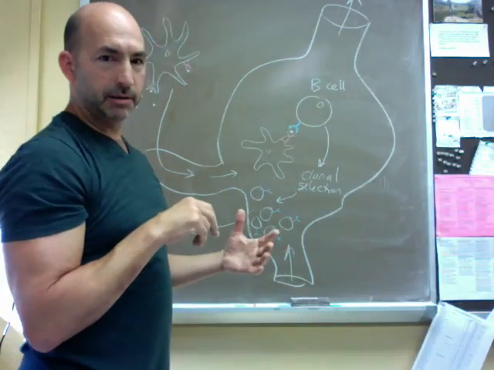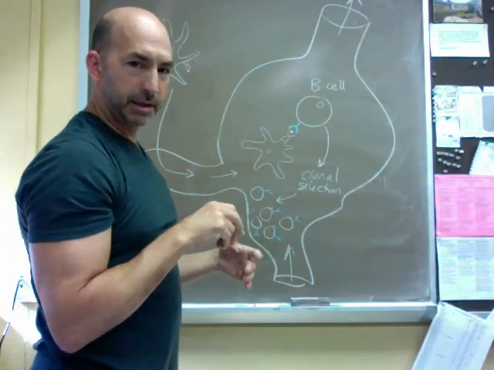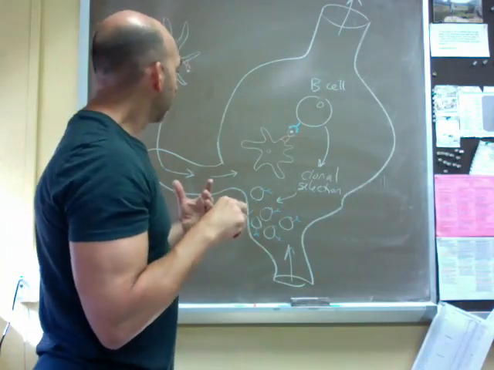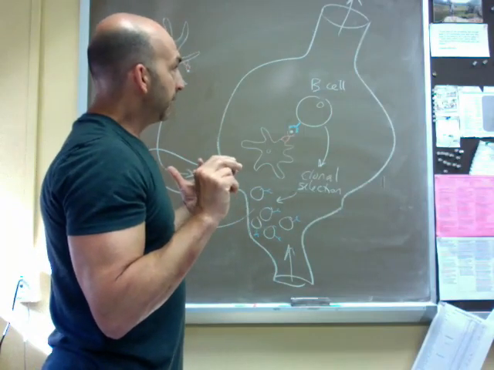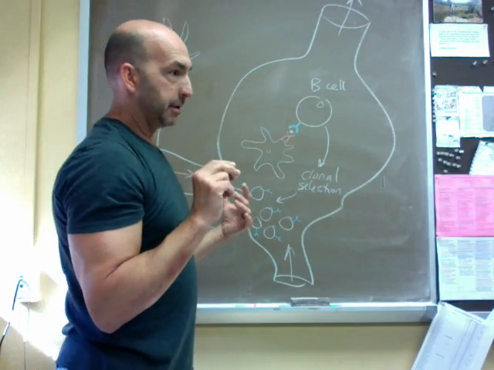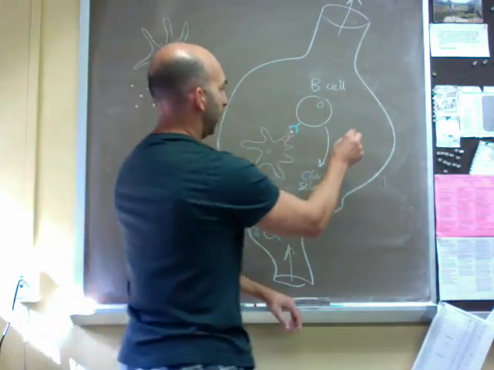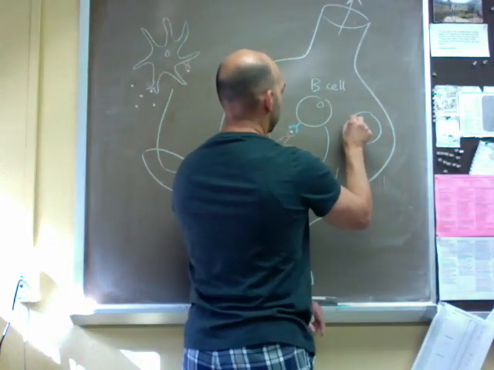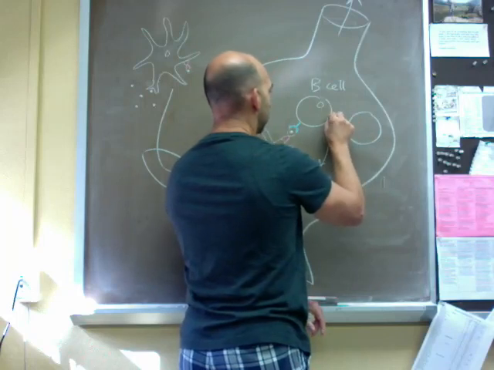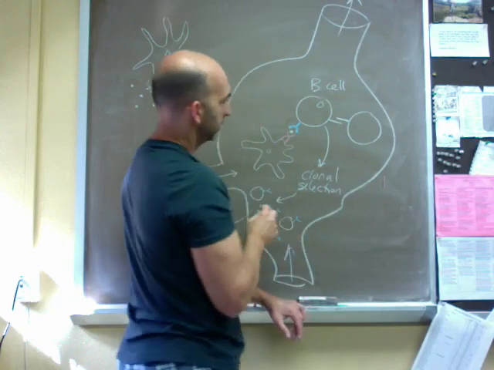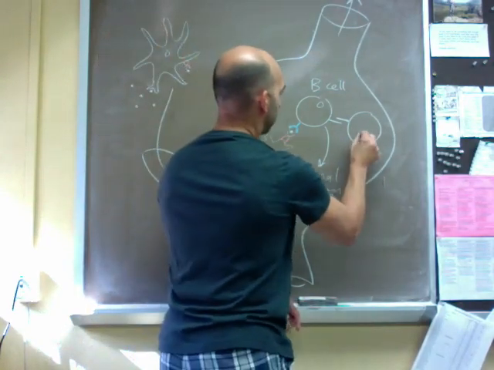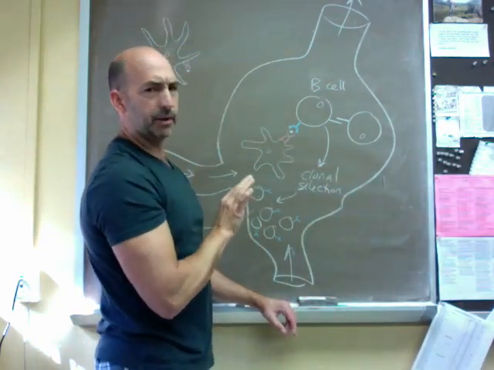That is one of the keys of the B and T cells. They require antigen presentation. But in this scenario, the B cell also requires helper T cell input. So we've got to have a sort of interaction here, with cellular proteins interacting, and it's a very complex interaction.